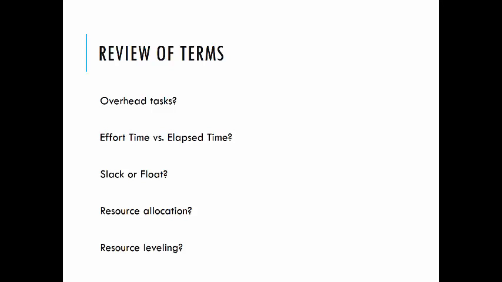By delaying, where the time between the scheduled start of the task and the time when the work should actually begin is changed due to resource availability, and then splitting, where a task's schedule is interrupted. For example, a 2-day task that doesn't require contiguous work can be split, so the first day of work is scheduled for Monday and the second is scheduled for Thursday. So that's splitting versus delaying in terms of resource leveling.